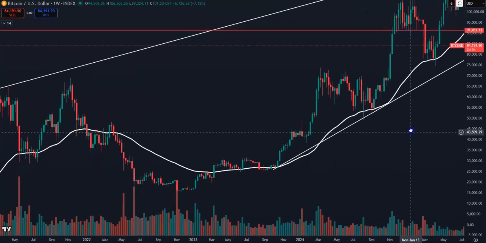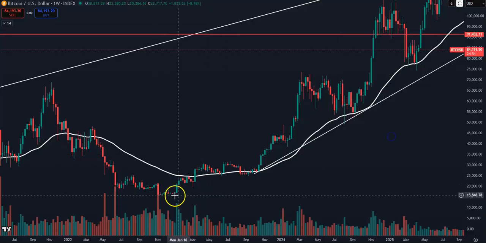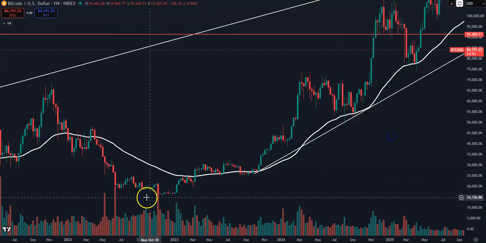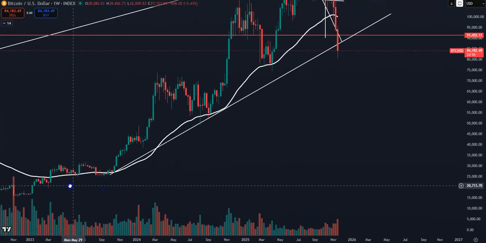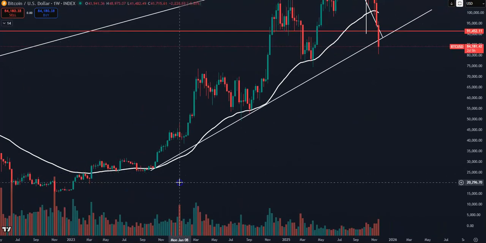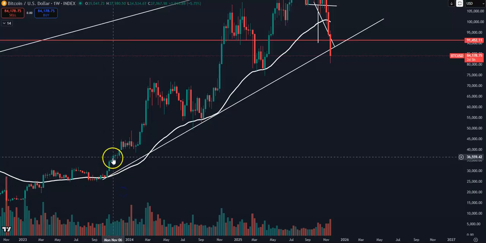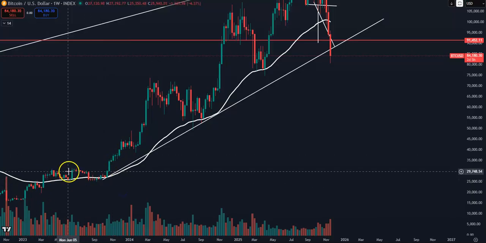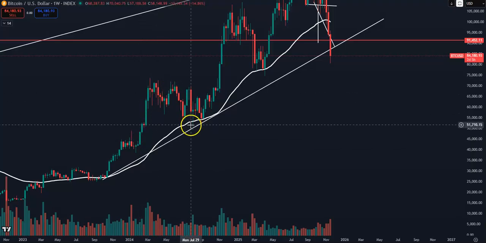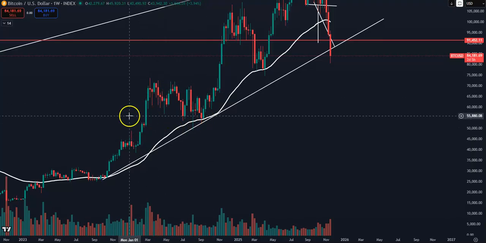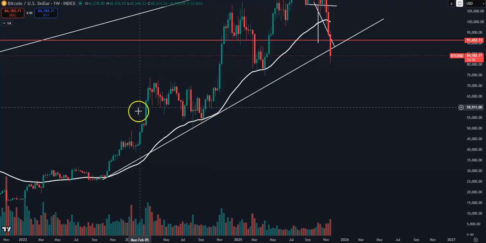If we look at Bitcoin from the bear market of 2022 all the way up until now, and this line right here is the 50, you'll see that once the price is above the 50, as the price appreciated, it goes down and tests the 50, almost using it as a springboard or a launch pad.